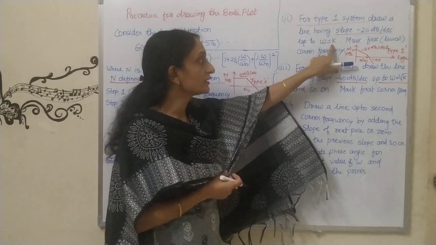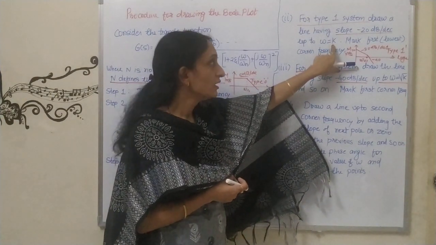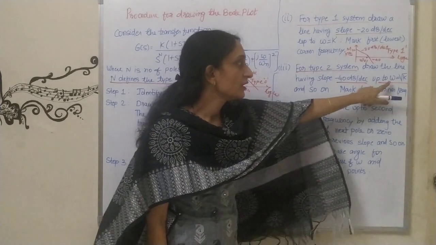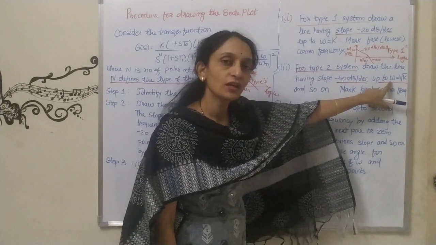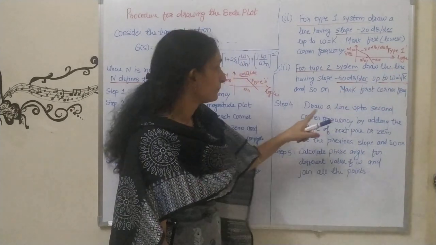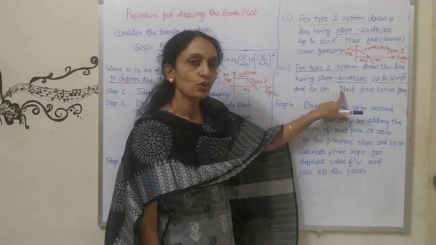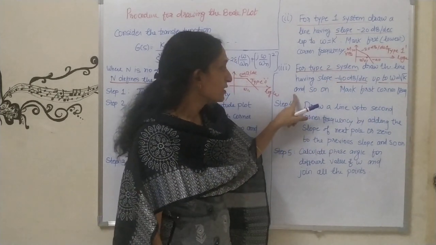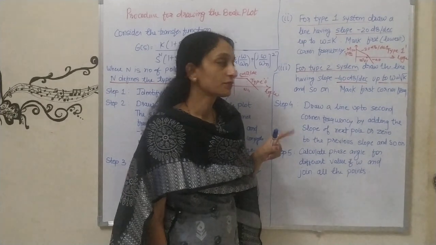Next I have considered omega equal to k, so actually here k raised to power 1 is there. Here I am writing omega equal to root k, meaning omega equal to k raised to power 1 by 2, and so on. For type 3 that value will change. So mark the first corner frequency.